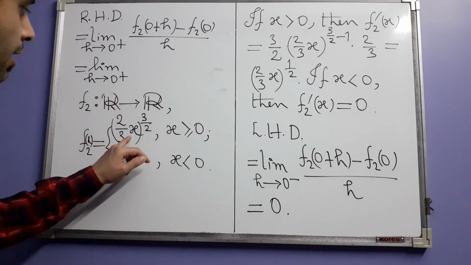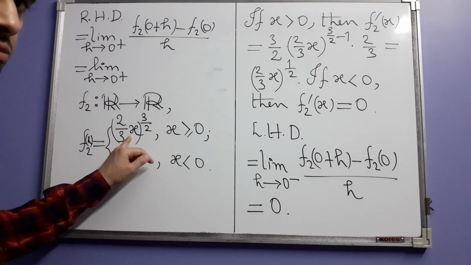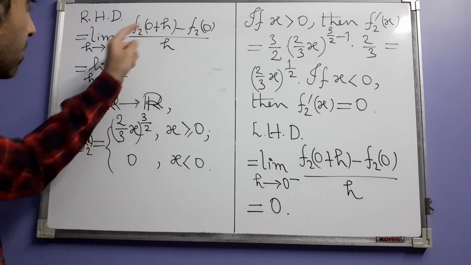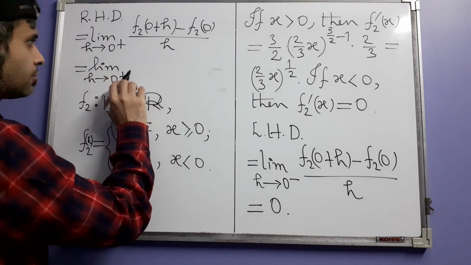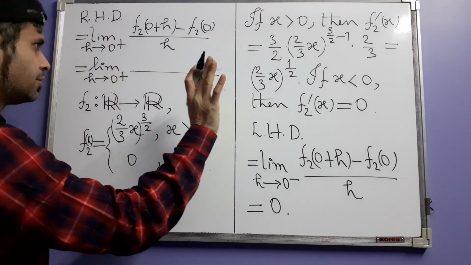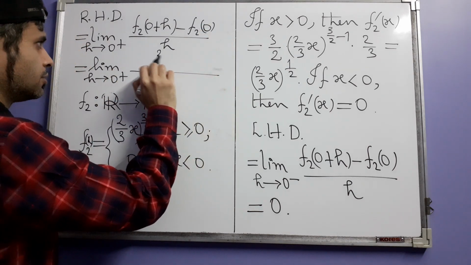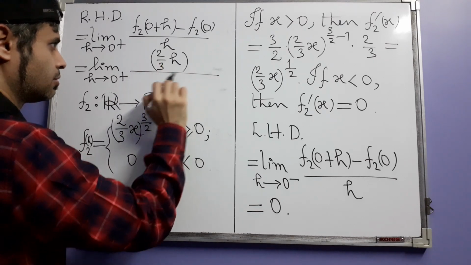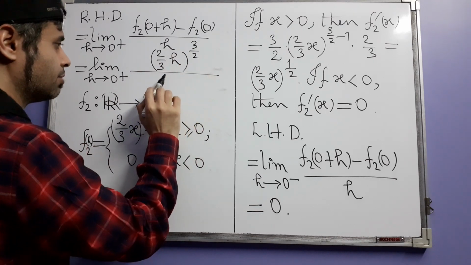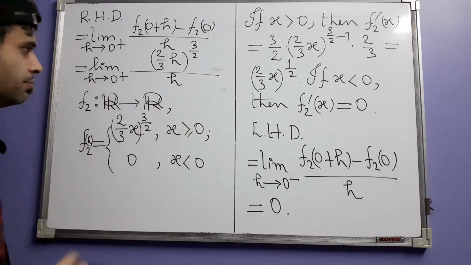Now however we have to use this part of the definition because h is positive now. f2 of 0 is 0, so this is what we will get, 2 divided by 3 h to the power 3 divided by 2 divided by h.